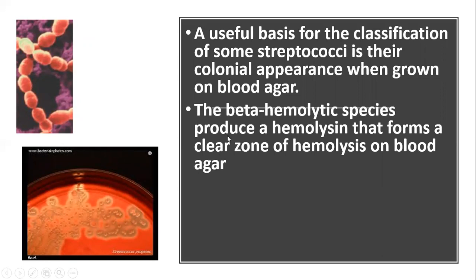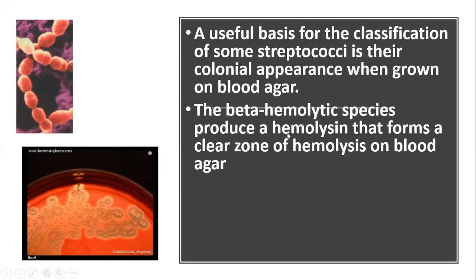There are some species which can hemolyze the RBCs completely, which is called beta hemolysis. And beta hemolytic species, or the species which are capable of beta hemolysis, produce hemolysin, and because of that production of hemolysins, RBCs are ruptured and killed, I must say.